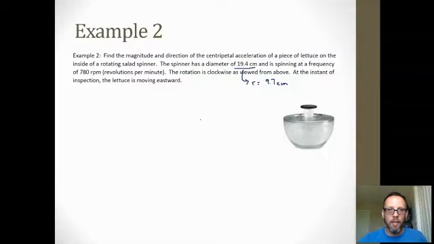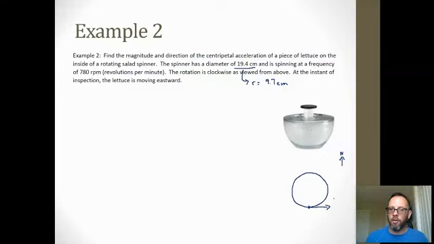So in this case, we're going to find the magnitude and direction of the acceleration of this piece of lettuce. So in the question here, from a top-down perspective, at the instant of inspection, the lettuce is moving eastward. So north is that way, east is this way to the right. We're looking top-down.